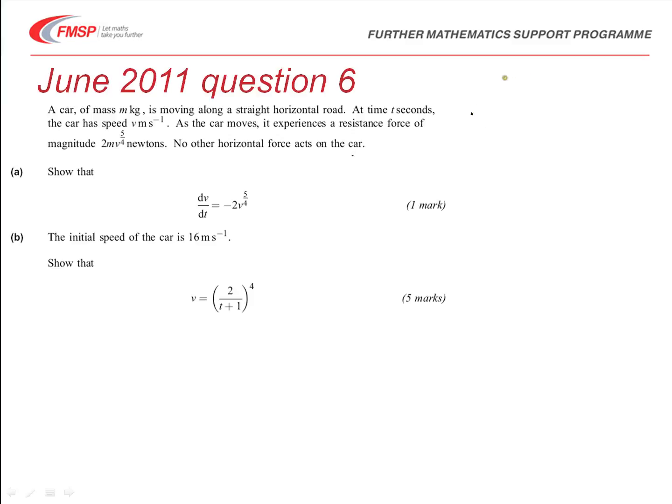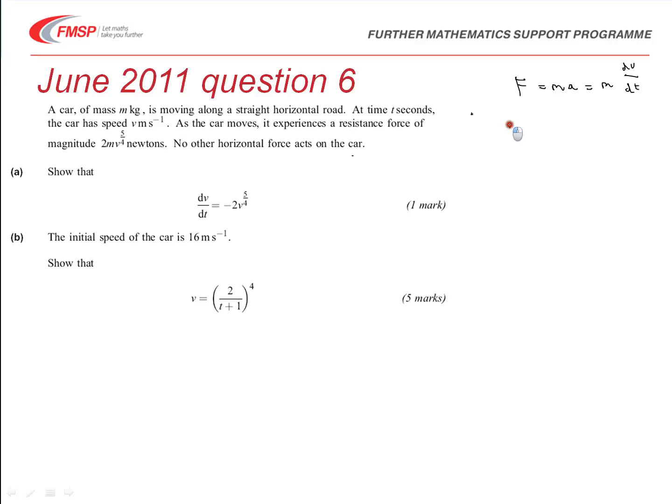So what do we know? Well, we know that force is equal to mass times acceleration, which could also be written as m dv by dt. And we know that that force is equal to minus 2mv to the power of 5/4.